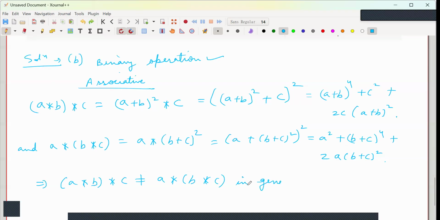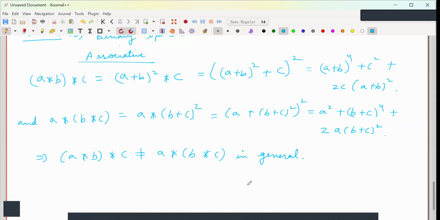Generally, people assume associativity is always there, but that is not the case. And here, one such example we are seeing. So, star is not associative.